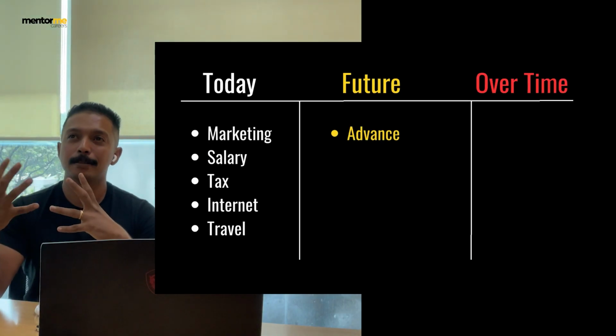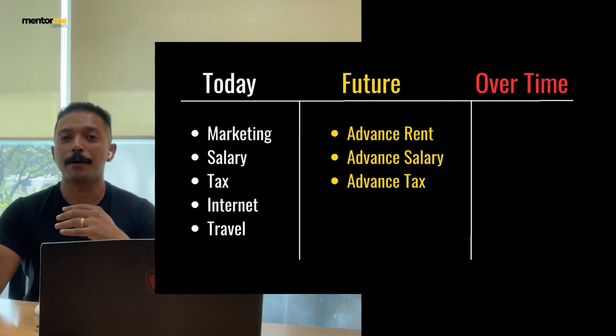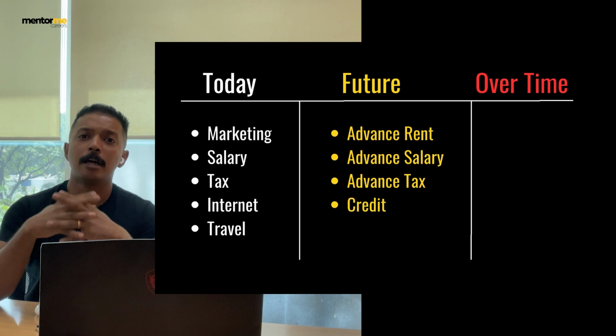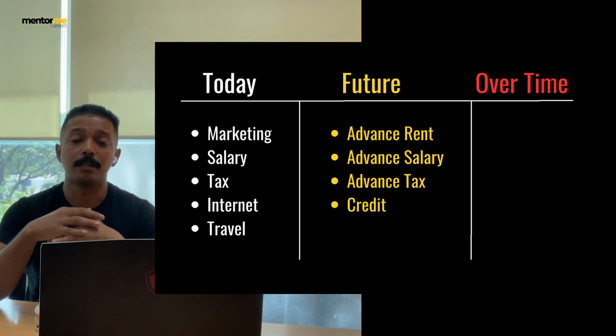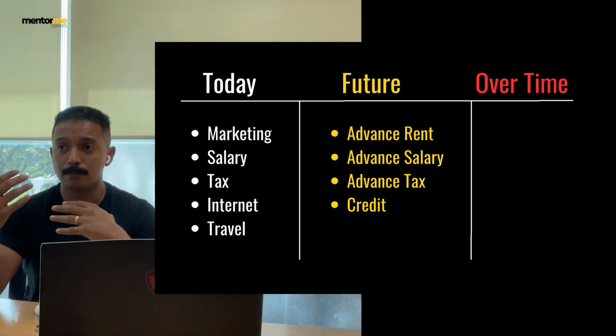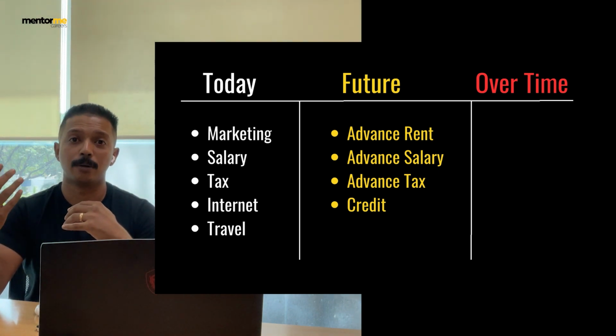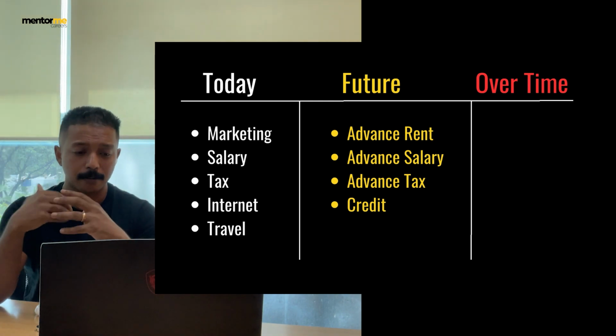Now, let's talk about future. These are the kinds of expenses that you might incur in advance. For example, advance rent: you might give a security deposit to your landlord, and the benefit would actually be received in future time. Similarly, advance salary: you might give some advance bonuses or loans to your employees, which are intended to benefit in the longer run.